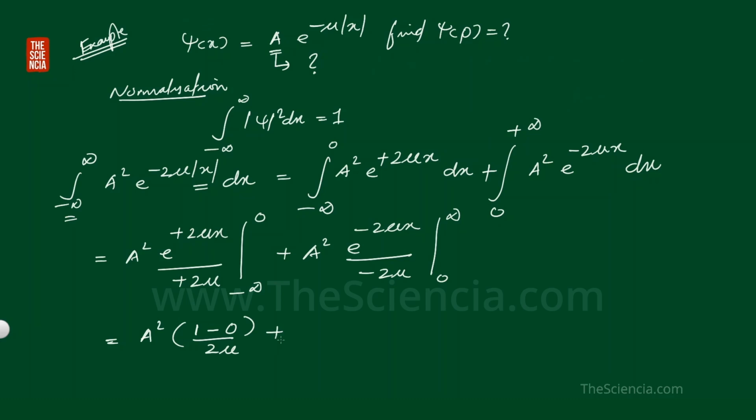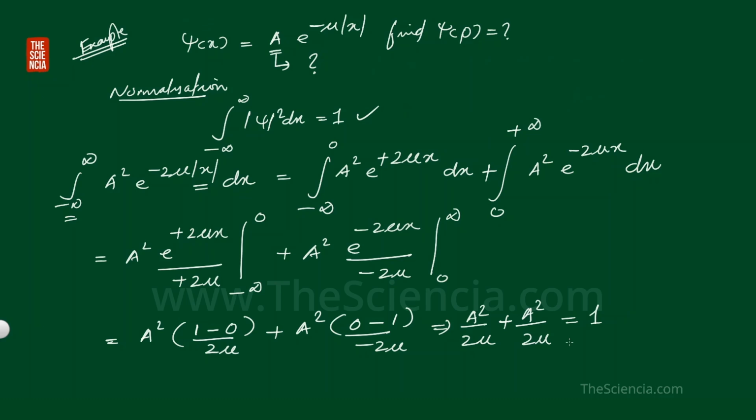plus the second term, that is a square into the upper limit, that is infinity, e raised to minus infinity is 0, minus the lower limit, that is e raised to 0 is 1, divided by minus 2 mu. That is we got a square by 2 mu plus a square by 2 mu, and that is equal to 1.